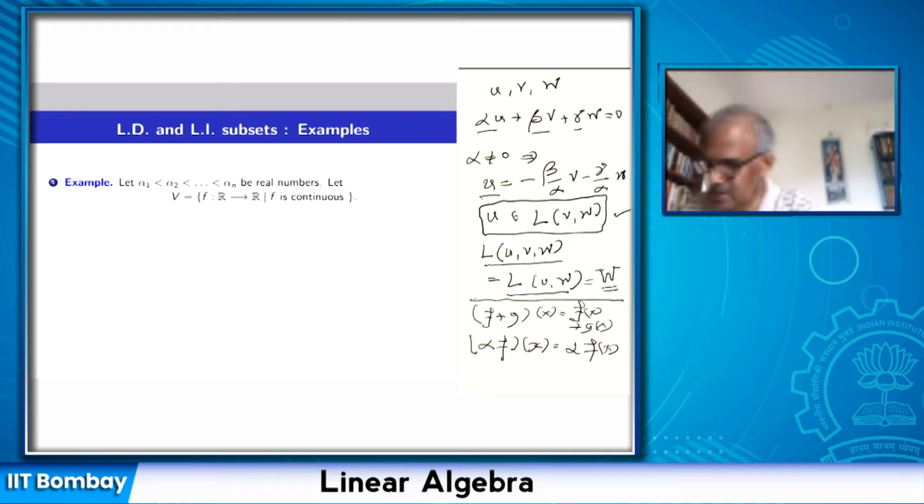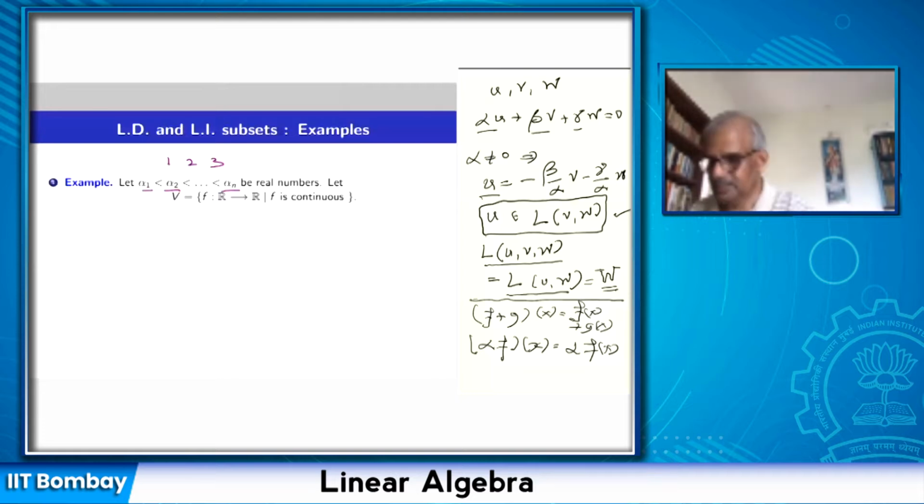I could take any n, just look at the space of all continuous functions. This is my vector space. In this vector space, I want to produce an infinite set of linearly independent functions.